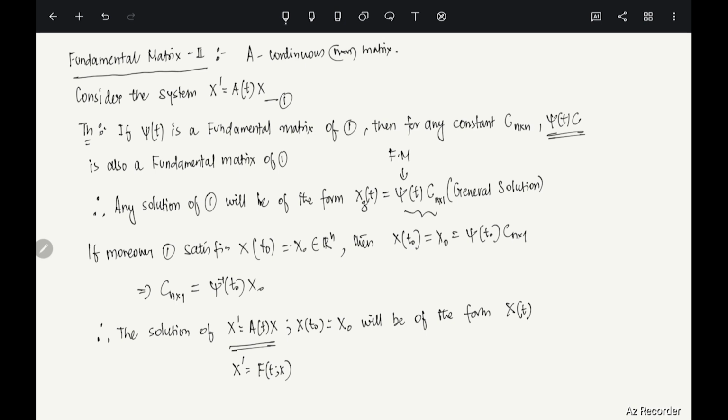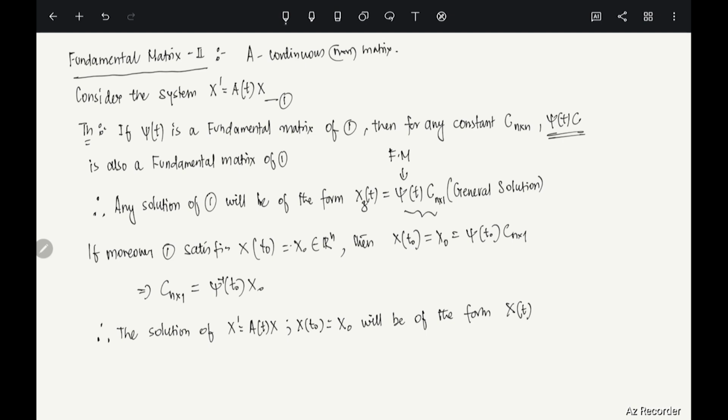So Picard says that in a neighborhood t naught minus epsilon to t naught plus epsilon, we have a unique solution, and I have asked you to check that you can extend it to the whole interval I where it is defined. So we know that there is a unique solution.